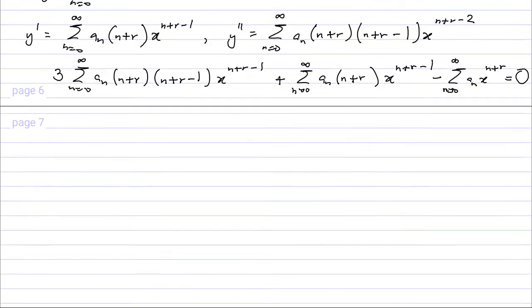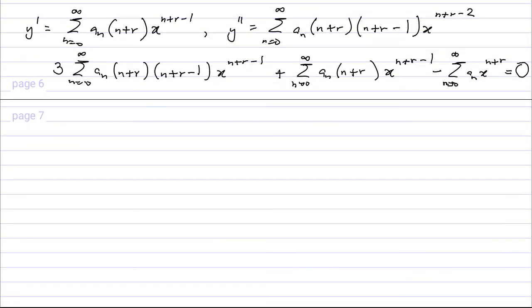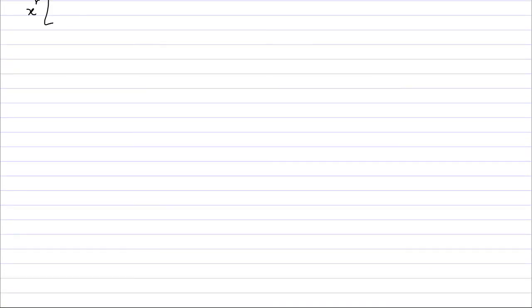Now I can factor out x raised to power r throughout. So I have x raised to power r, and then I can write the rest of the thing as a series.